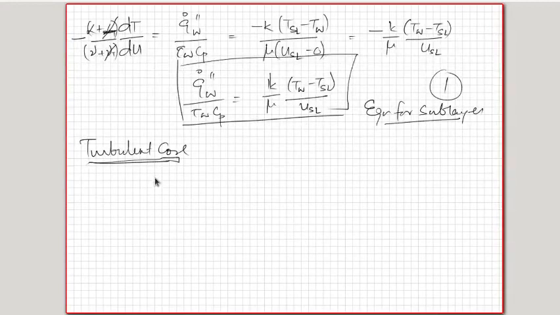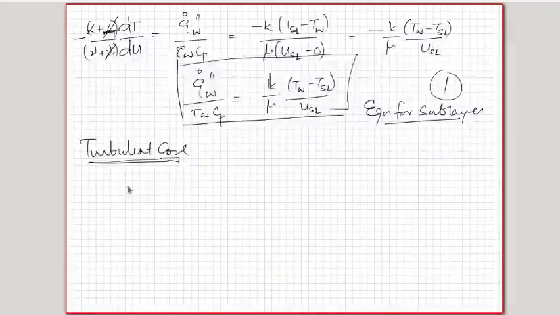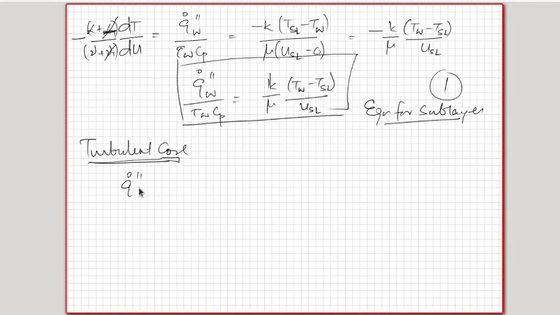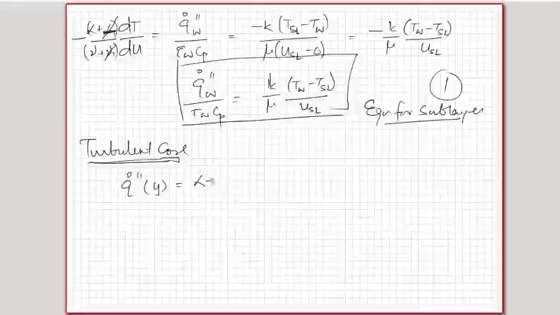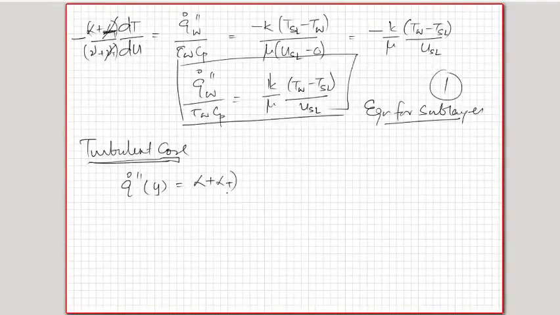It's not the wall shear stress or the wall heat flux, but the local. So the local heat flux q dot double prime at any y would be equal to the turbulent diffusivity, alpha plus alpha t, divided by rho Cp.